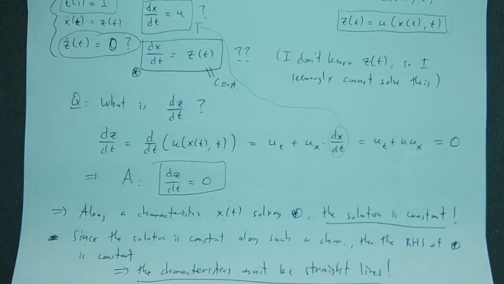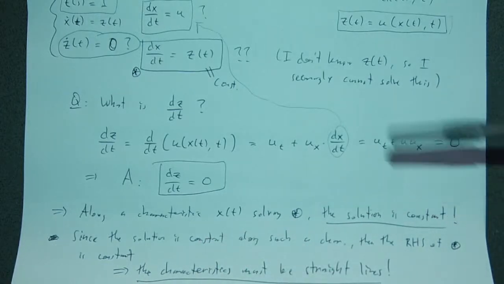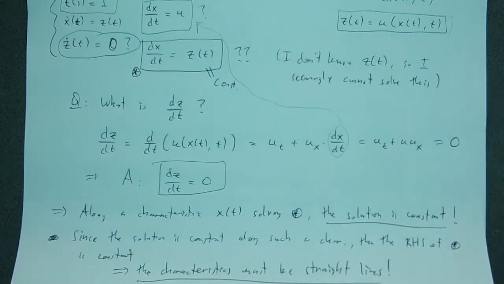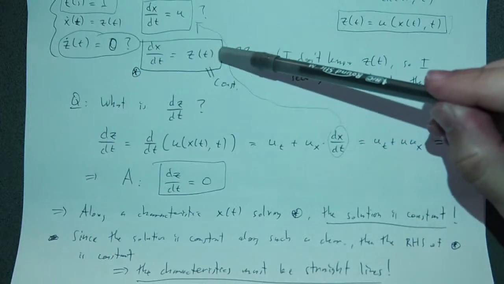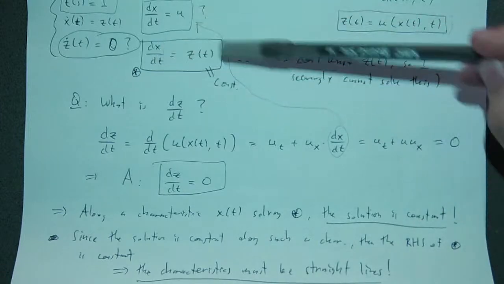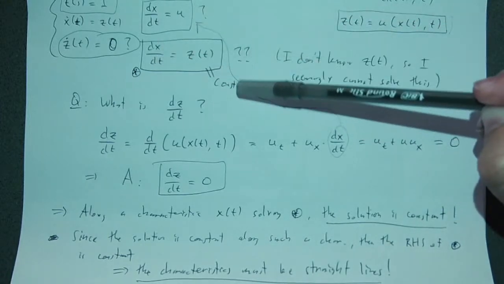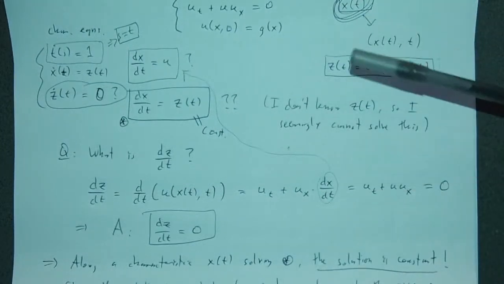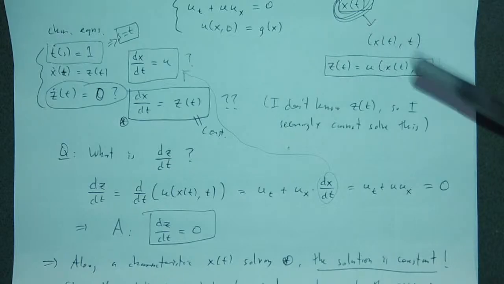Whoa, so that's like two huge revelations here, back to back. So along a characteristic, the value of the solution is constant, but also the characteristics themselves, by very quickly realizing what this implication means, that dx dt is a constant, and x of t is the function that is my characteristic.